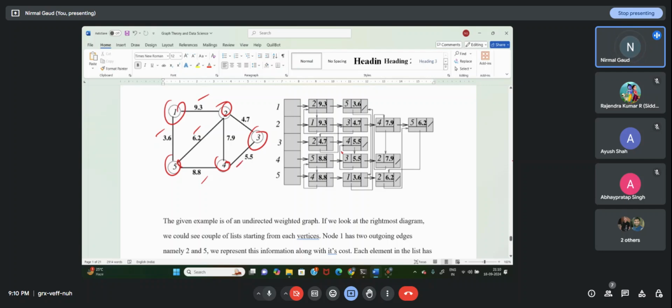So what I did, I wrote all the 5 in this way. I just prepared a list of 5. So from 1 to 2, 9.3, and 1 to 5, 3.6. So I just made it 2, 9.3, 5, 3.6.